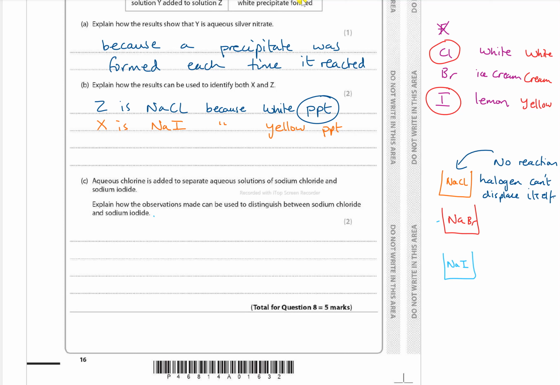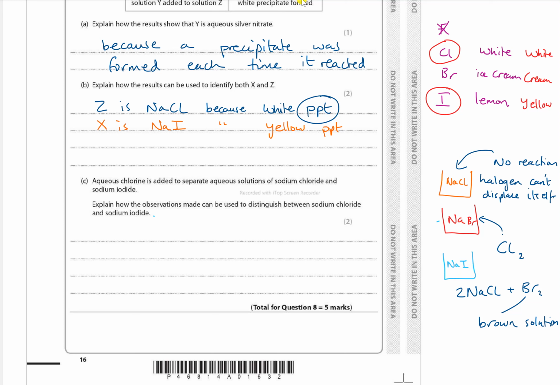Right, and now if I added chlorine to sodium bromide, it would displace bromine, so you'd end up with sodium chloride and bromine. And we said bromine water is a brown solution.